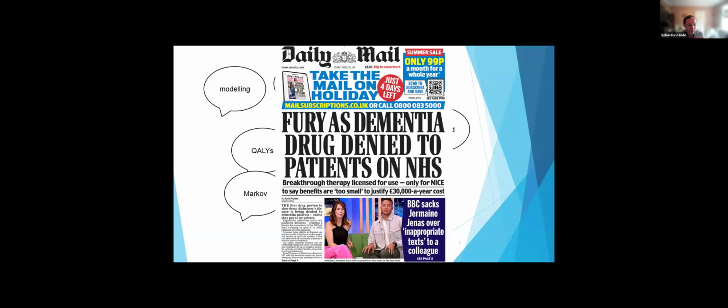And the headline is always based around that it was too expensive, the benefits were too small, that some bean counter is determining how much we should value people's health. And lo and behold, it's been decided that we're not valuing health enough, so that we can't afford the latest drug. Cancer, dementia, you see all sorts of these headlines come up again and again.